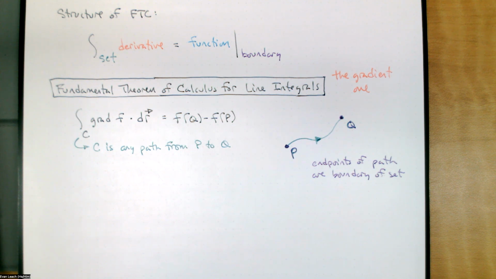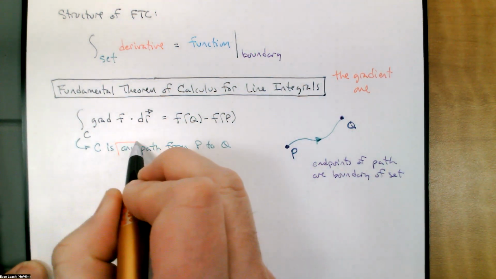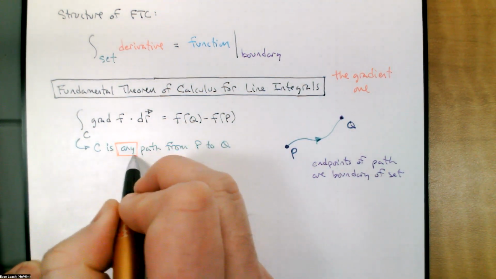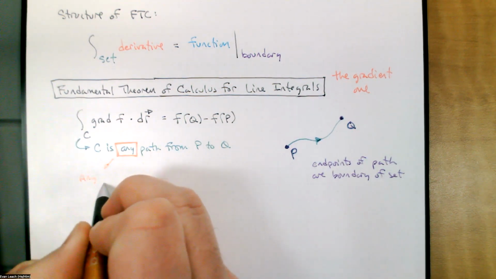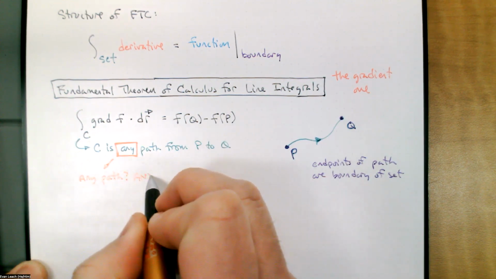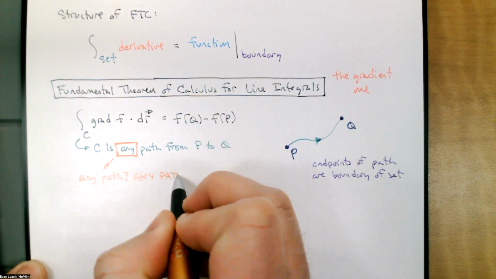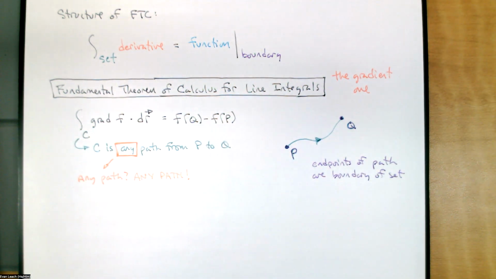Some big deal stuff to point out here. C is any path from P to Q. Gradient fields are called conservative, so the path doesn't matter.